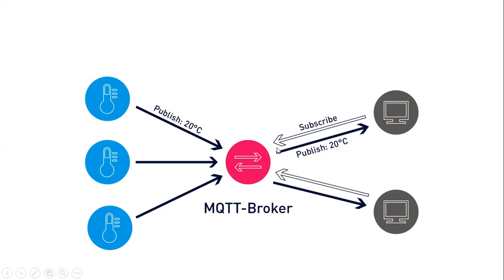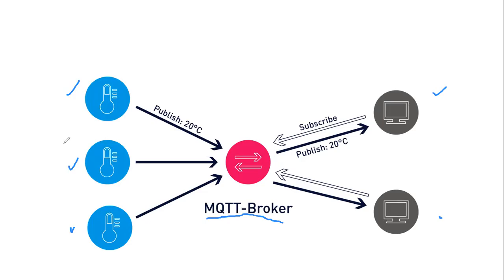This is the case of a temperature sensing application, and these are three sensors. Three devices are measuring the temperature, and that temperature is published, and that published information is received by this MQTT broker, and again this broker communicates with the application or user end.